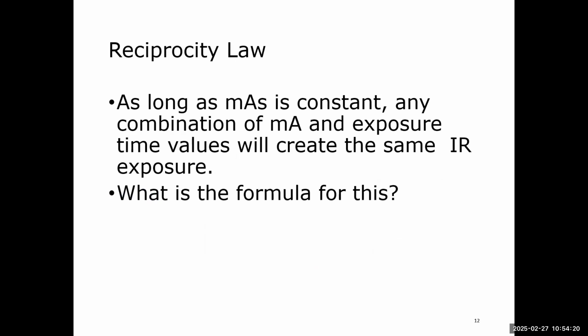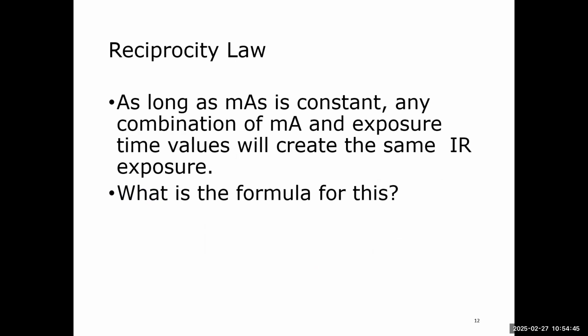Reciprocity law just states that there are multiple combinations of mA and time that can equal the same mAs. And therefore will give you the same IR exposure. So 50 mAs should give you the same IR exposure whether you use 50 mA in 1 second or 100 mA at a half a second.